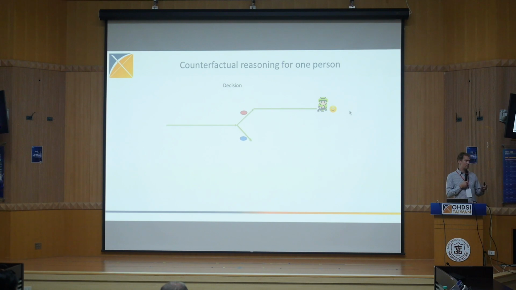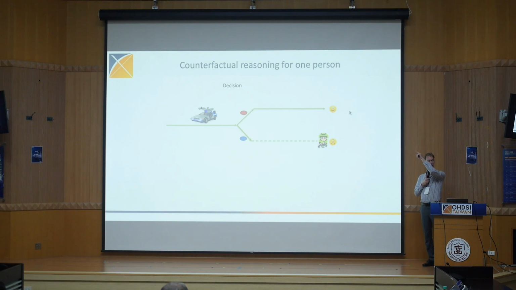If we want to know what was the effect of that decision, basically of the red pill versus the blue pill, truly the only way to really understand it is to basically take a time machine, go back in time to the point of the decision, have Keanu make the other choice, follow him up, and then see what happened under that scenario. This second scenario, the one that we didn't see in the movie, is called the counterfactual. The counter to what factually happened. And the difference between the factual and the counterfactual, that is actually the effect of the choice that Keanu made, or the patient made.